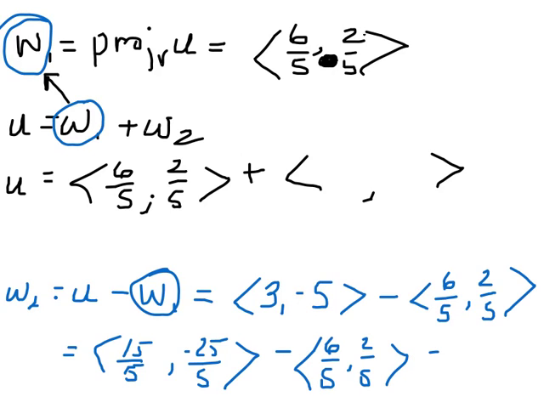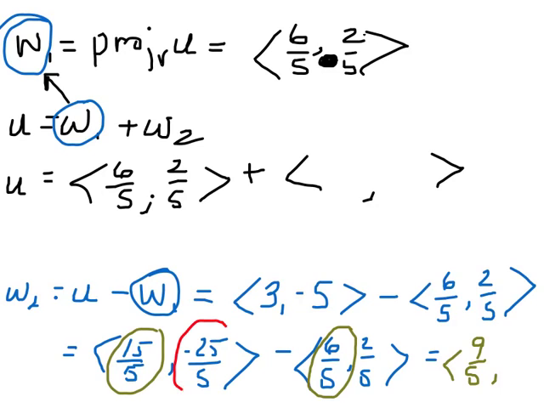I'm going to run out of room, so I'll do this verbally. 15 over 5 minus 6 over 5 would be 9 over 5 for the X part. For the Y part, -25 over 5 minus 2 over 5 would be -27 over 5. So that's what W2 is.